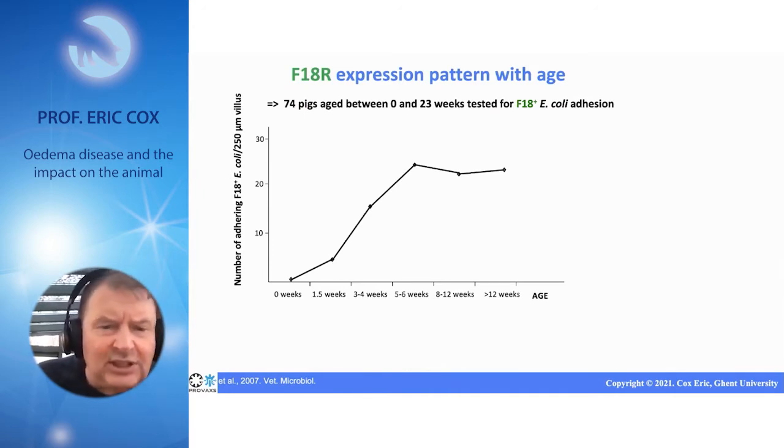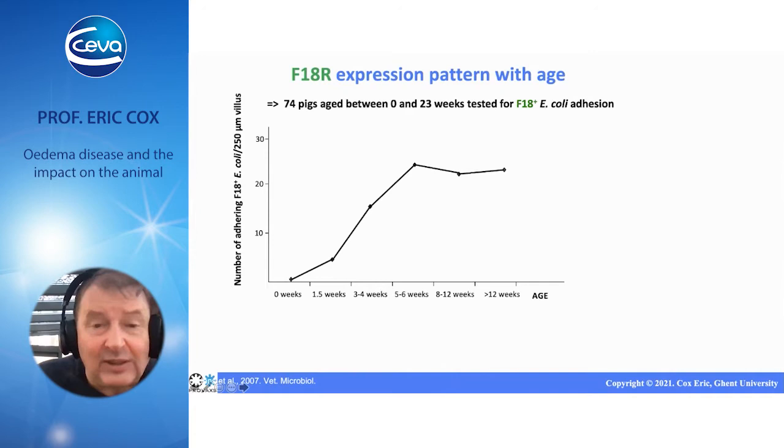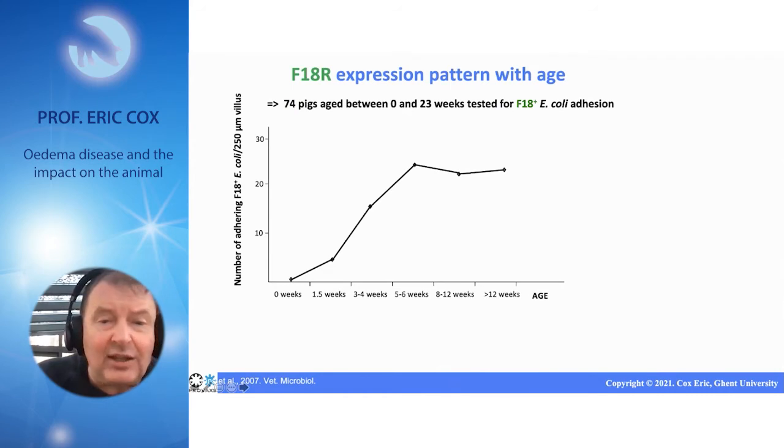Furthermore, what is important is that the receptors, the sugars, are not present at birth. This is a study we did in the lab. We euthanized piglets at different ages, from birth to 12 weeks of age to 23 weeks of age, and looked at the interaction of the fimbria, the number of bacteria that could adhere to the villi of these piglets, using this in vitro villus adhesion test that I showed you before.